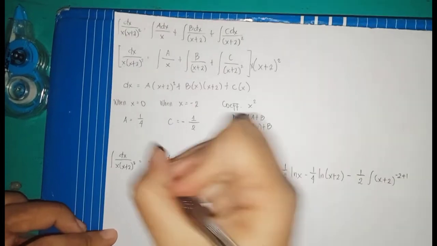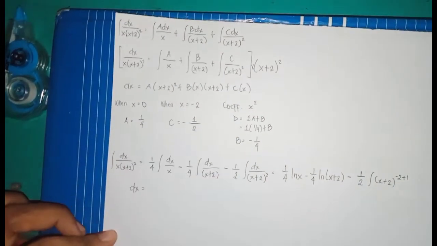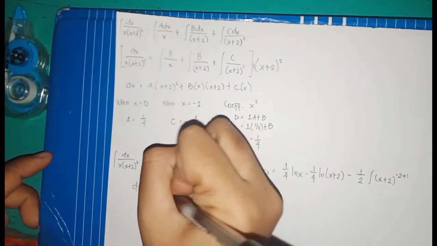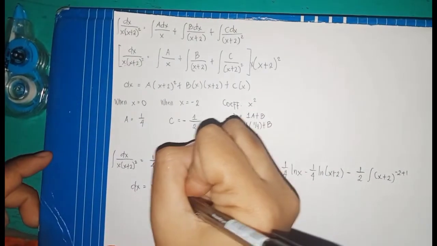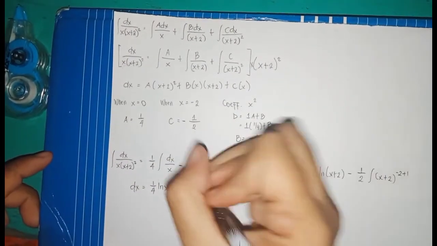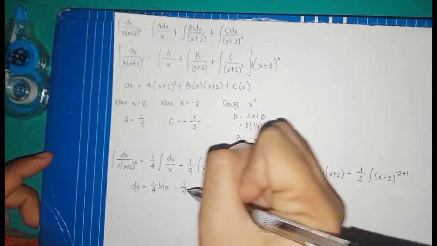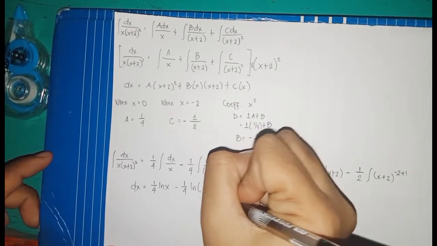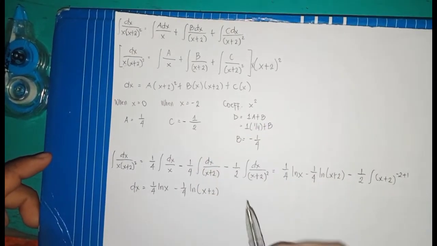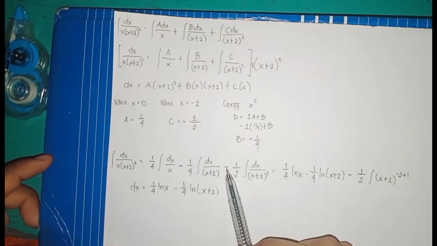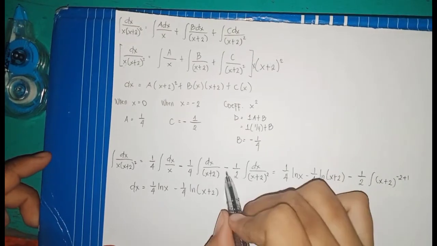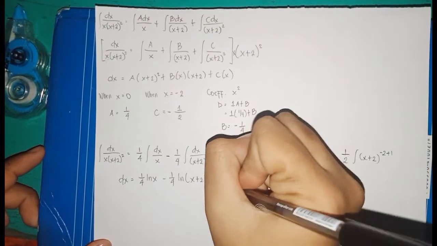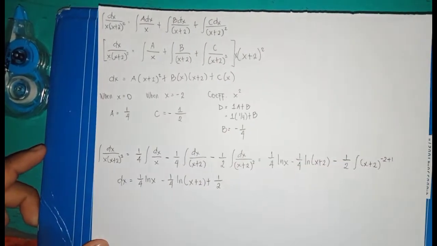Okay, so our dx over 1/4 ln x minus 1/4 ln x plus 2. So this will be changing sign. So the negative will become positive, so positive 1/2.